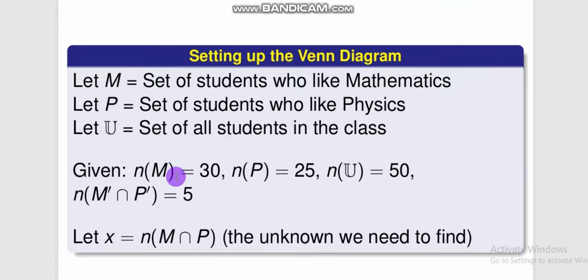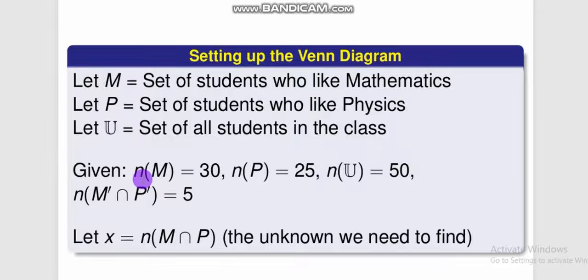The number of students who like mathematics, you see there are many ways of writing cardinality. Either you use these two vertical bars, or you write it like this: n, open bracket, capital M, you give the set name, and then close bracket. It all means cardinality, the number of elements in that set.